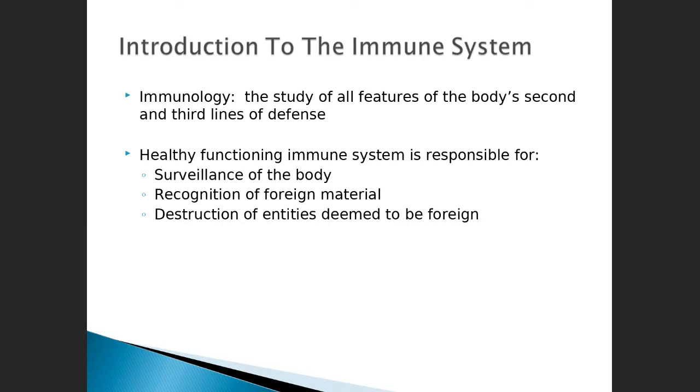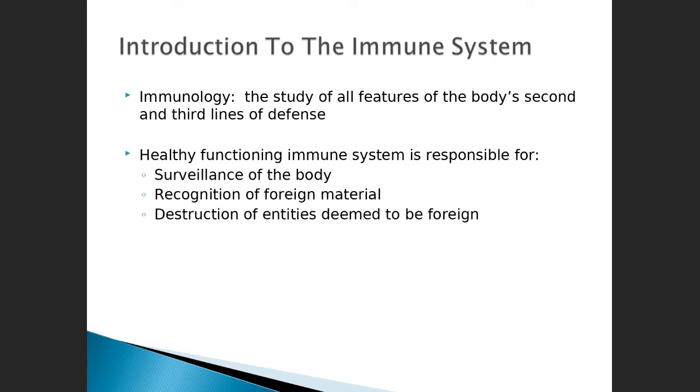And a healthy immune system is going to do several things for us. It's going to be responsible for surveying the body. It's going to be responsible for recognition of foreign material, what we call non-self, also known as an antigen, right?